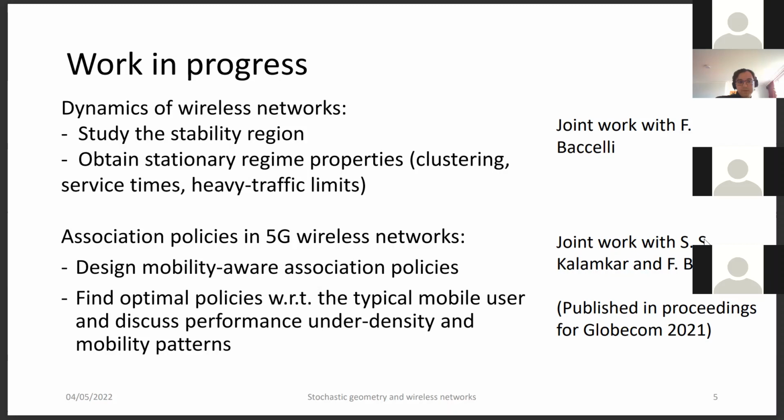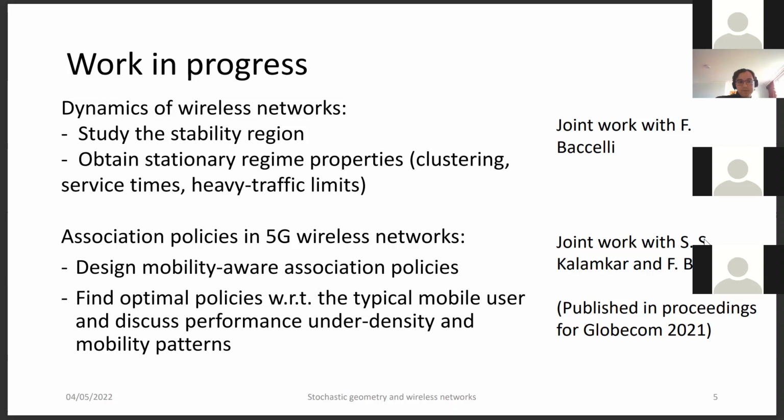And so the goal here is to take into account the mobility of users inside the association policies. In the first paper, we designed a very simple association policy where we only took into account the mobility. Just a bit of background: the classical association policy you have for a phone is the max power you receive. You always connect to the antenna that gives you the best power.